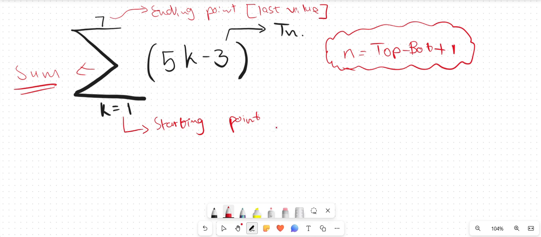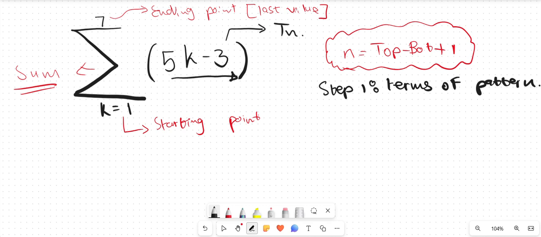So we're given this and we're asked to evaluate this. So what does that mean? It means first of all, step number 1, you need to find the terms of the pattern. What do I mean by that? In this formula here, you're going to substitute for k.